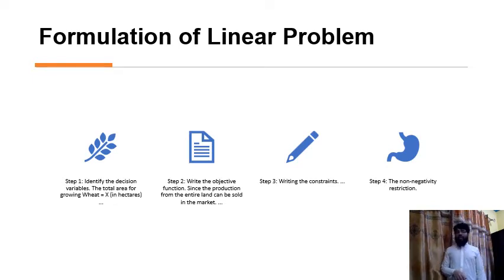Then they ask which price you want to sell it at, and that gives the profit. Number 3 is writing the constraints, and number 4 is the non-negativity restriction, which means you think of it as the negative things.